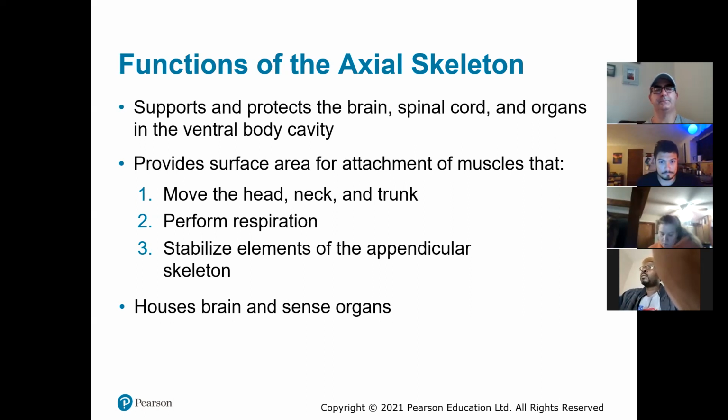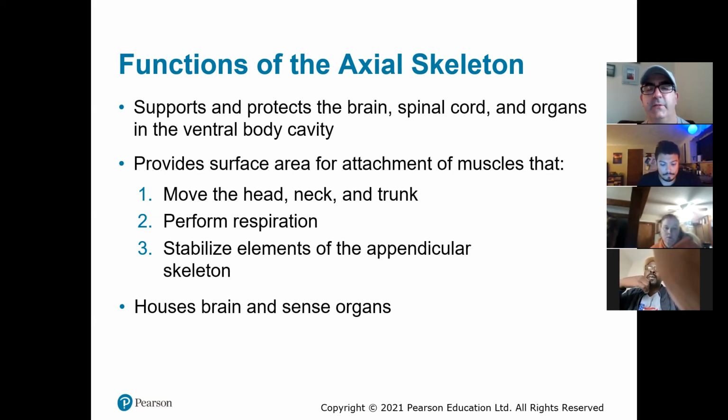So, functions of the axial skeleton: support and protect, right? This is protecting your brain. Your vertebrae are protecting your spinal cord. Your rib cage is protecting your heart and your lungs, right?